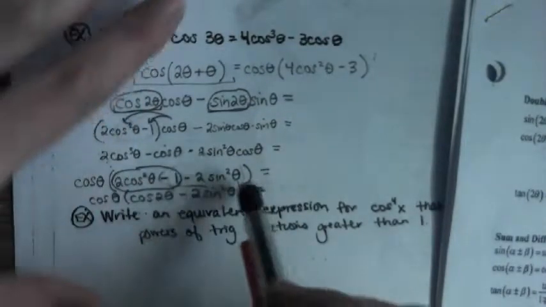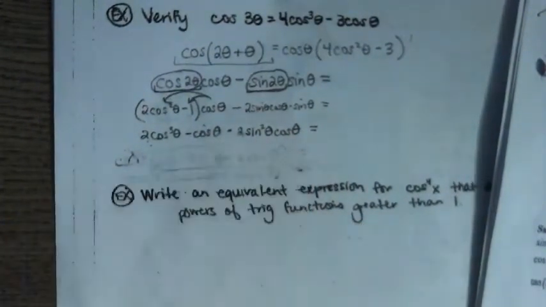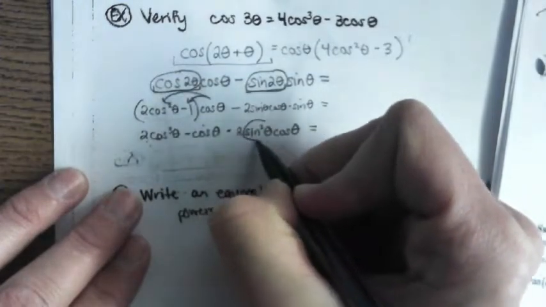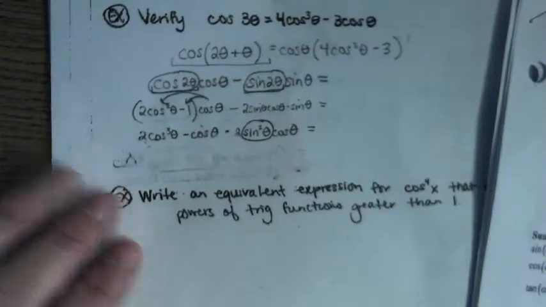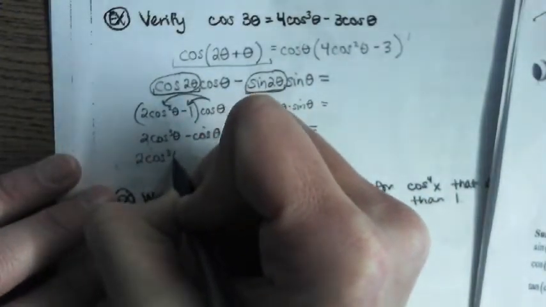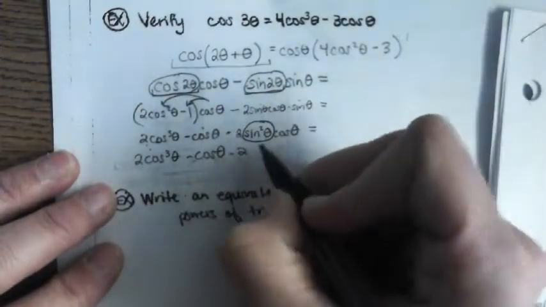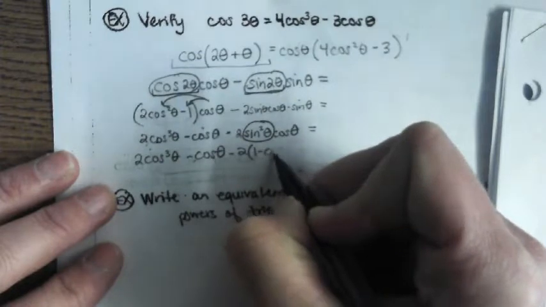I kind of get to this dead end. The thought process was back in this step. My right-hand side, where I'm trying to go, is all in terms of cosine. So let's get rid of this. 2 cosine cubed theta minus cosine theta stays, but I'm replacing the sine squared theta with 1 minus cosine squared.